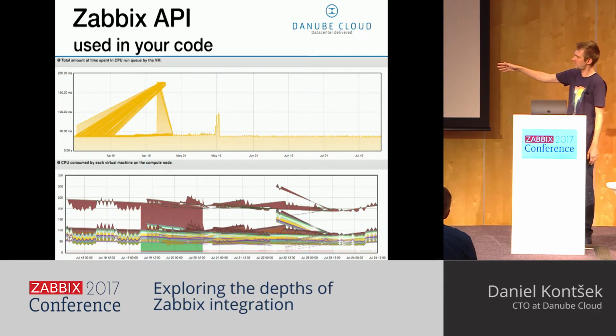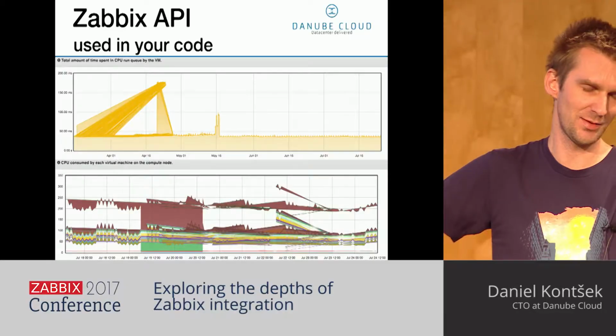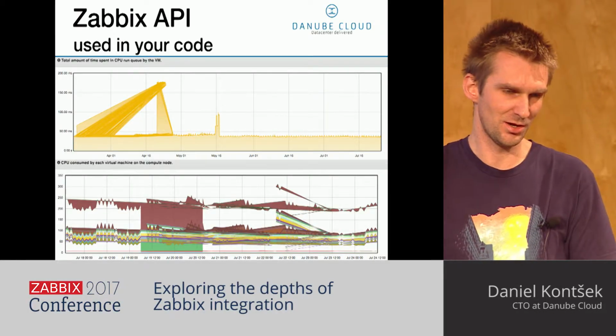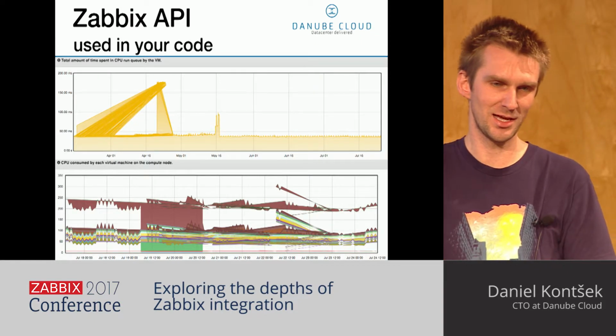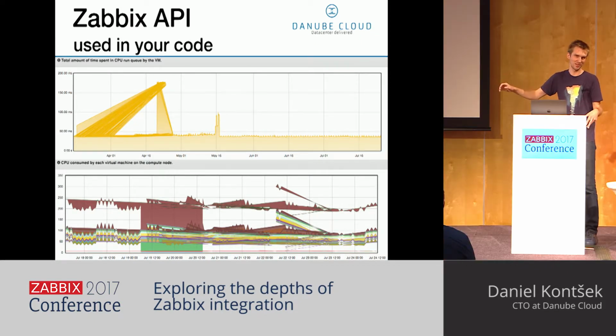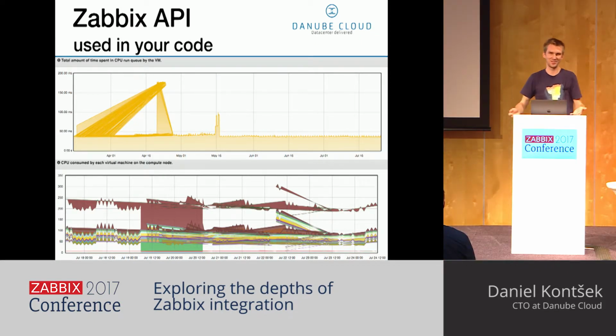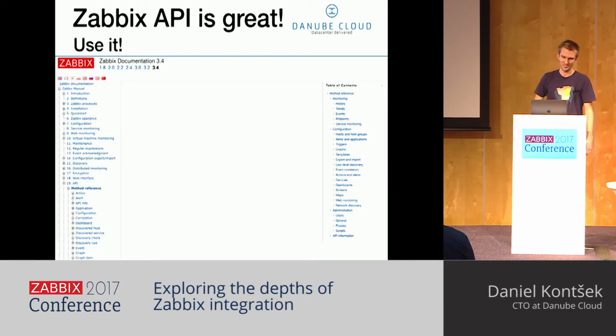There's a comparison of CPU usage on one physical server, and there was this bug that we didn't have data, but this bug was only seen when the data we didn't have was in the middle. So you just expect that you don't have data when you do your round graphs. Okay. Overall, I would say the Zabbix API is great.